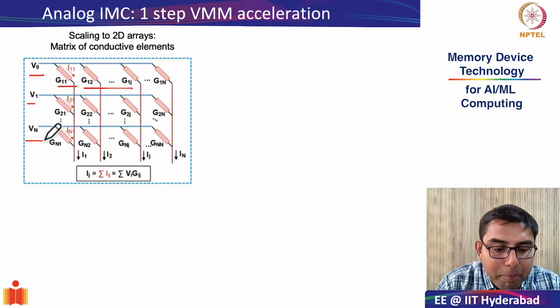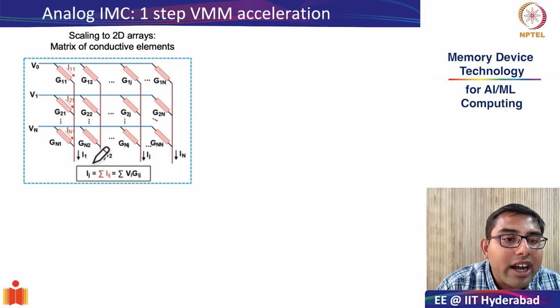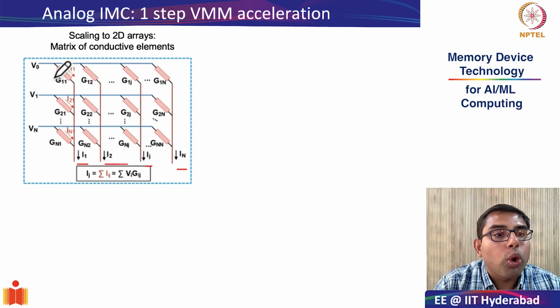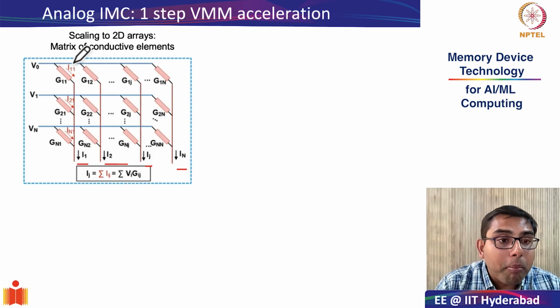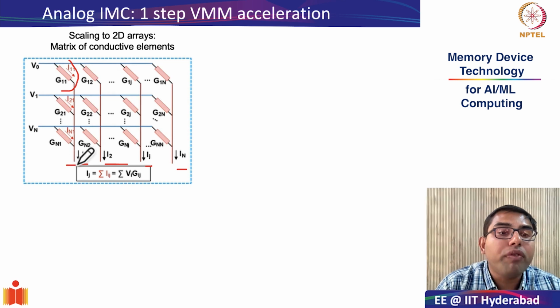And at the end of every row, you get a current I1, I2, Ij, and then In. So each and every input which is applied on the row will get multiplied by that particular element, and the summation will happen at the end of each row.